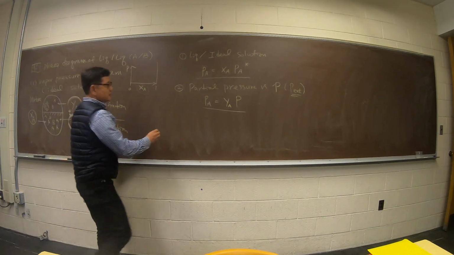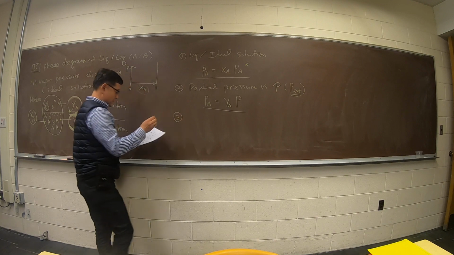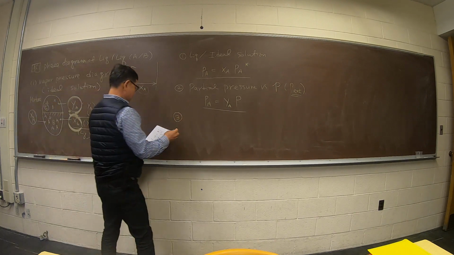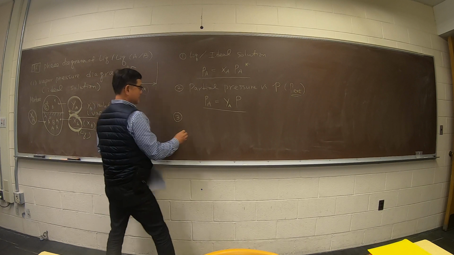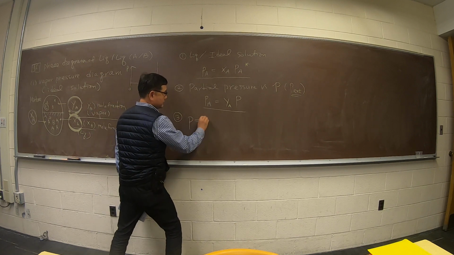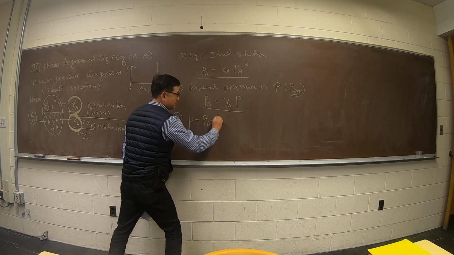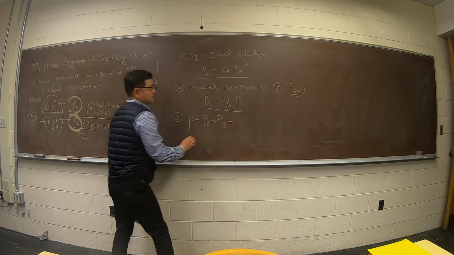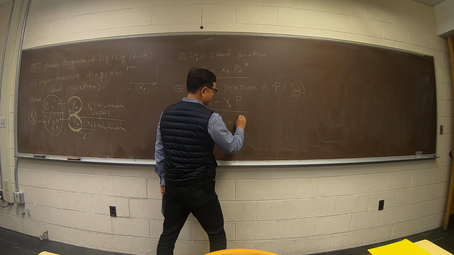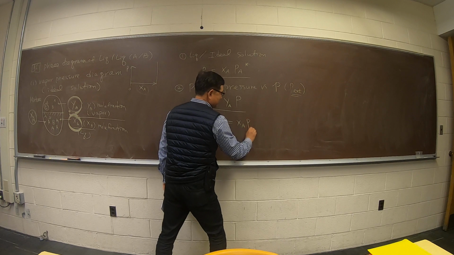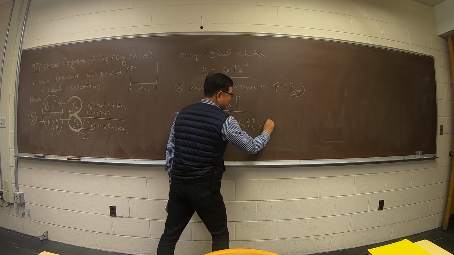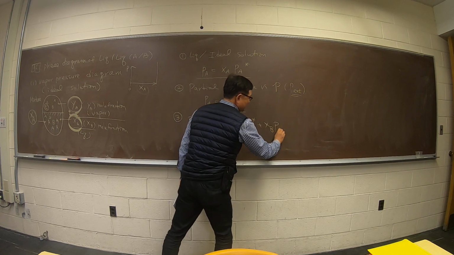So what I'm going to do is I want to know the pressure, which is the total pressure, a combination of two gas phases, and each one is coming from XA PA star and XB PB star.